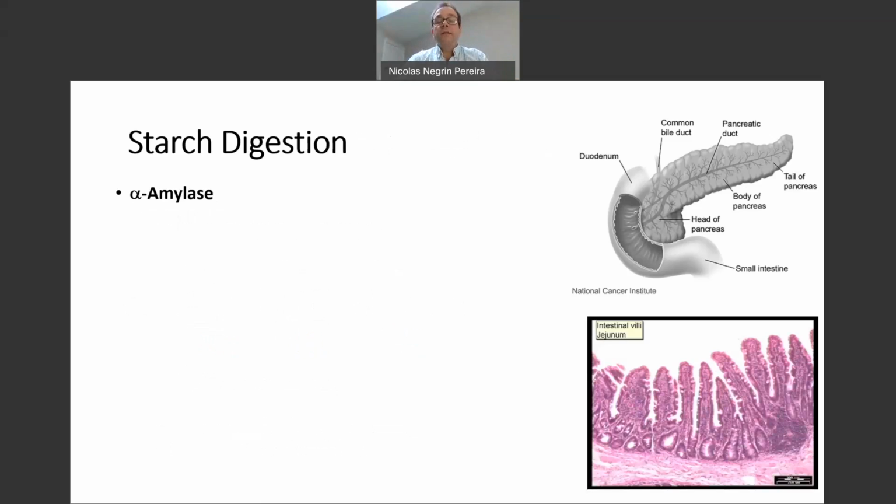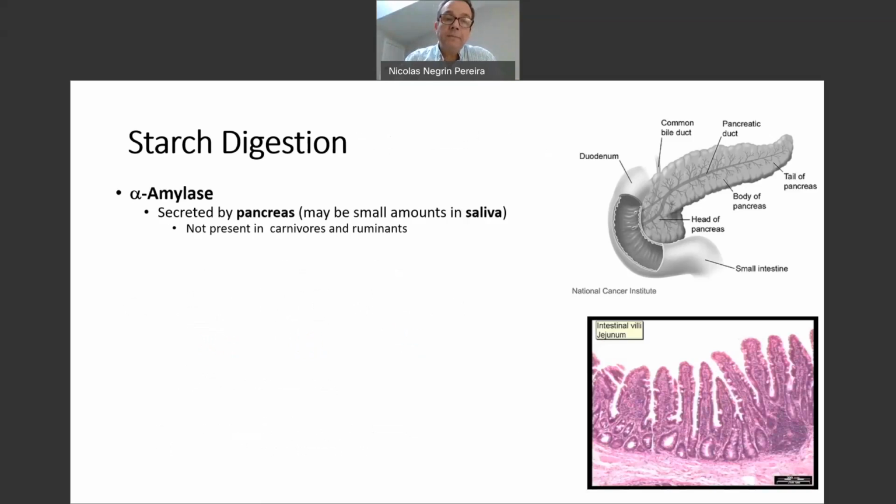For starch digestion, we have a key player here, which we will see is the pancreas. Let's start with alpha amylase, which is secreted by the pancreas. Sometimes we find alpha amylase in small amounts in saliva, especially in omnivores. But remember, alpha amylase is not present in carnivores and ruminants, so there is no alpha amylase activity in the saliva of carnivores and ruminants.